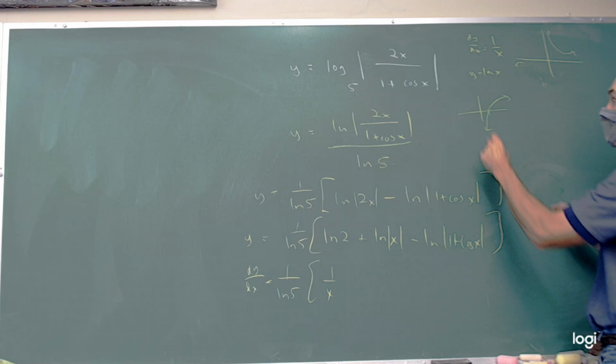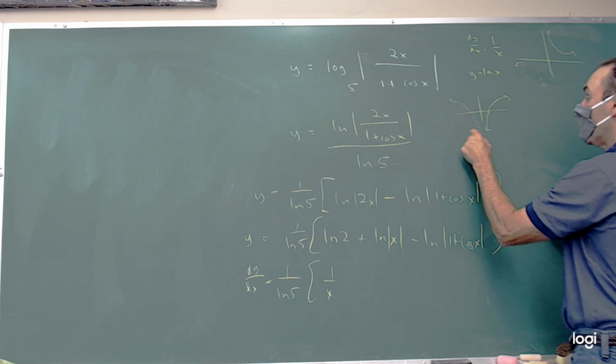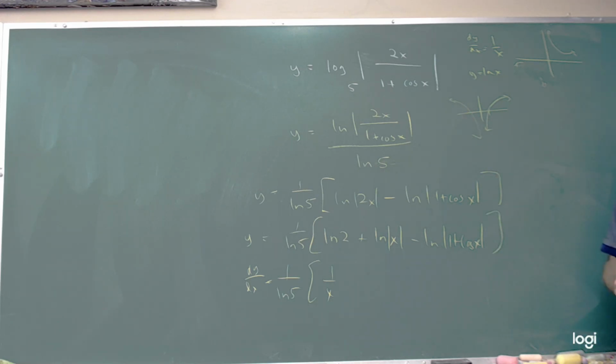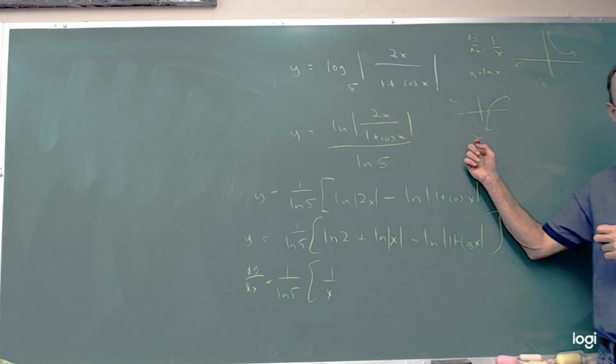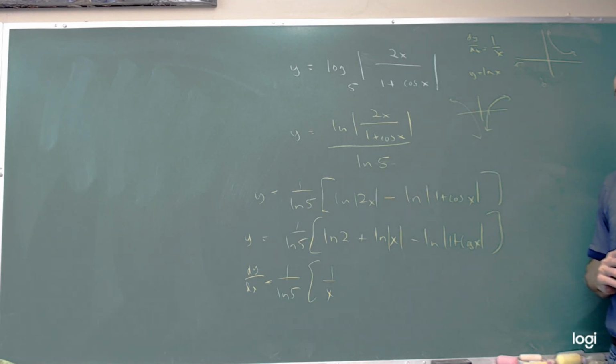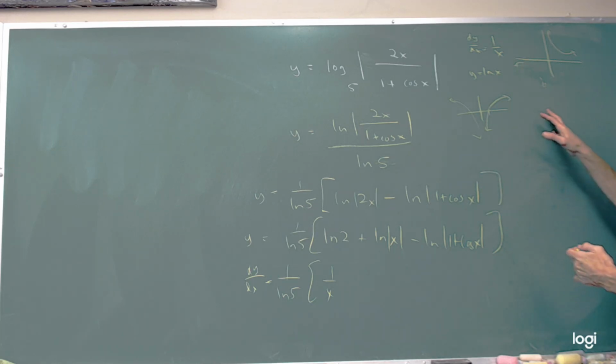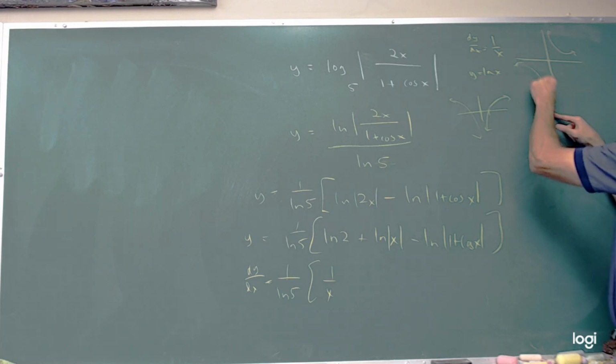Because now we can put in negatives, since the absolute value will make it positive, and it's defined in the logarithm function. And then its derivative really does match.